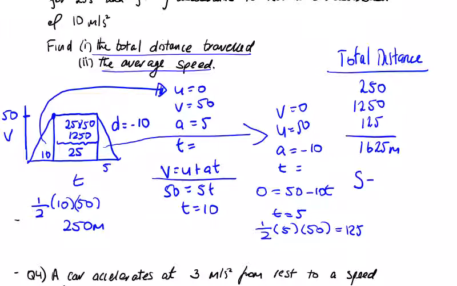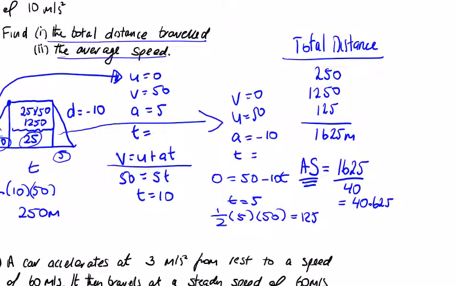Well, speed is equal to my distance divided by my time. Now I'm going to write AS for average speed because S is distance in this case. So average speed is going to be 1625 by the total time. We have a 10, a 25, and a 5, which is 40. 1625 divided by 40 is 40.625 meters per second.